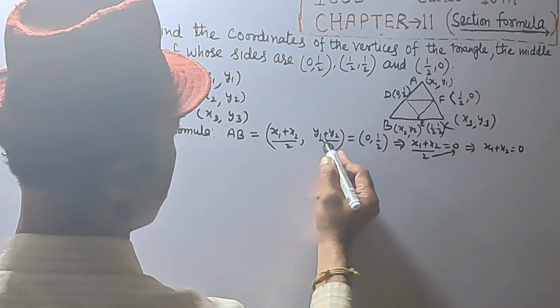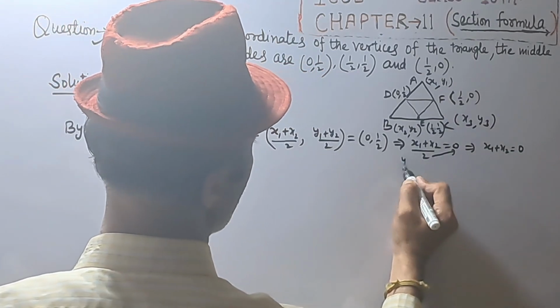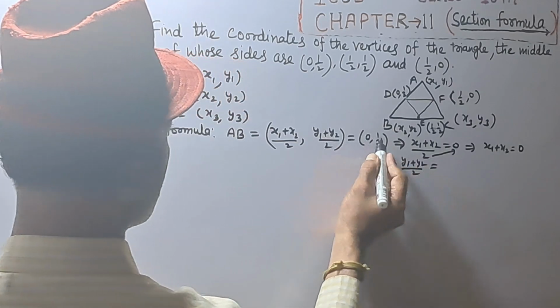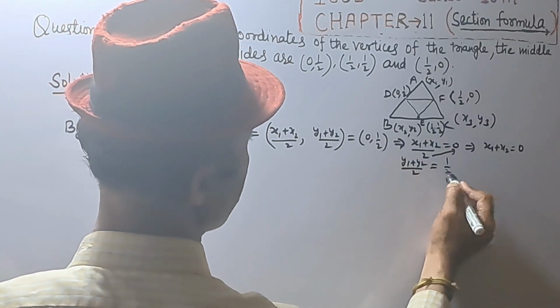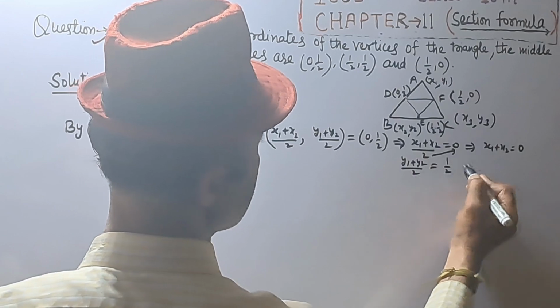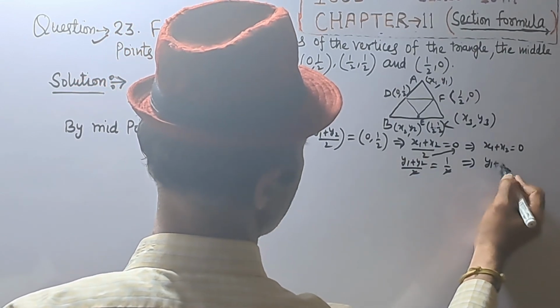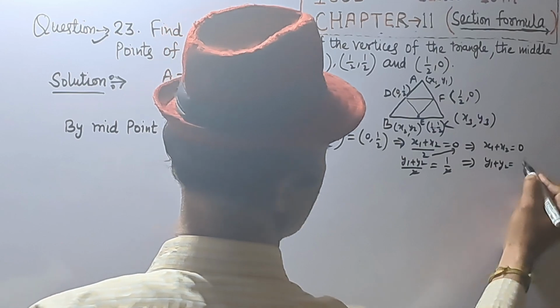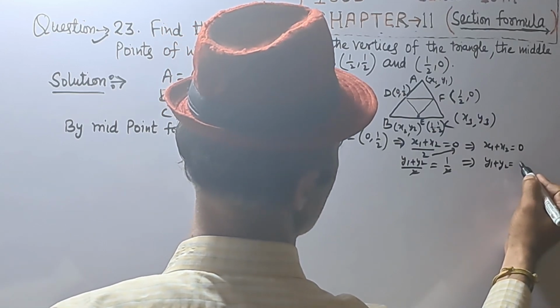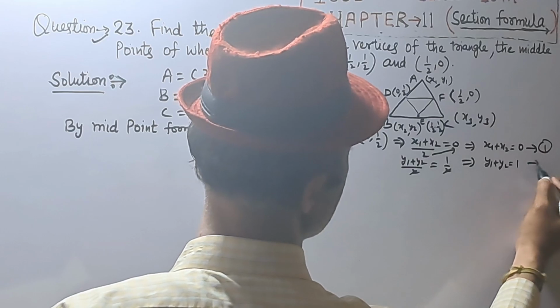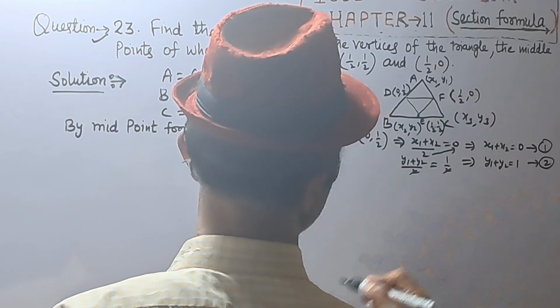And (y1 plus y2) upon 2 is equal to 1 by 2, 2 is cancelled and y1 plus y2 is equal to 1. These are equation first and equation second.